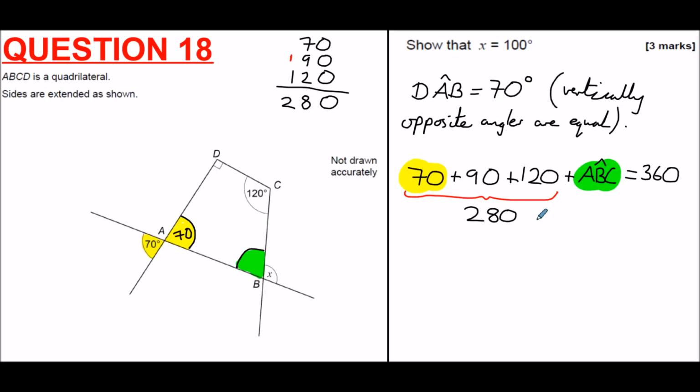And so 280 plus whatever ABC is will equal 360. Now the final step with solving this would be to subtract 280 from 360.